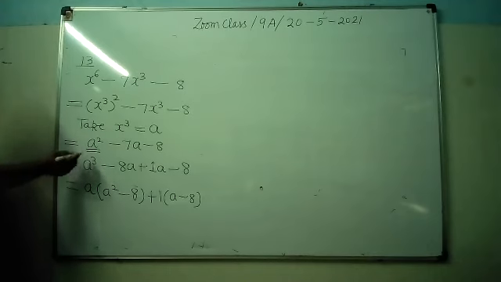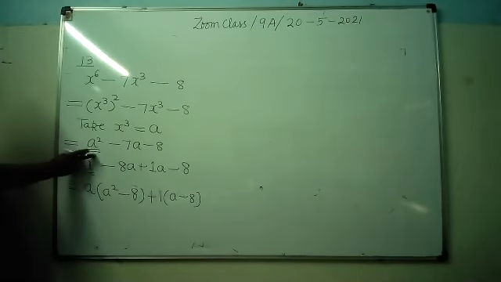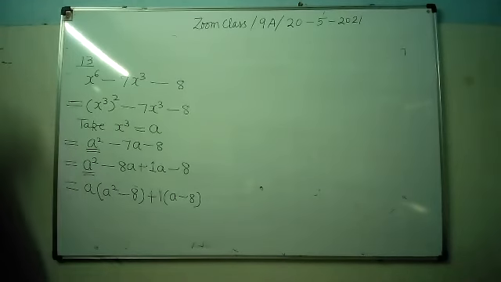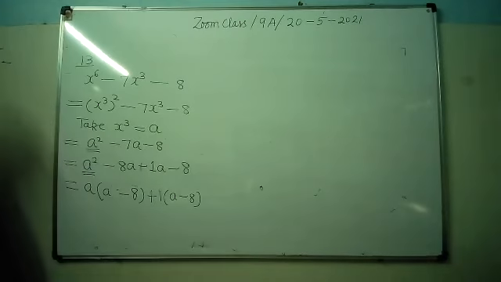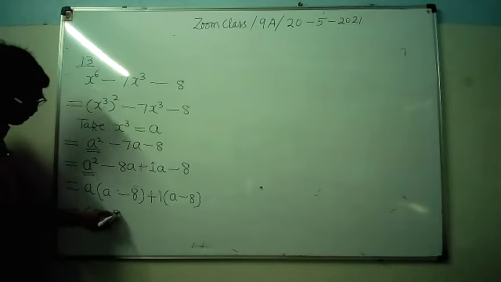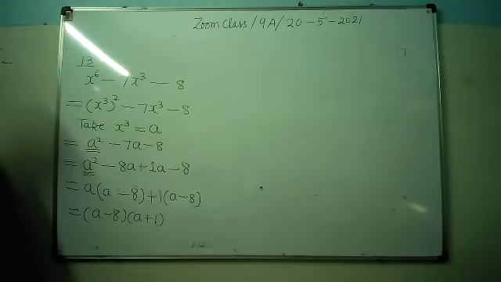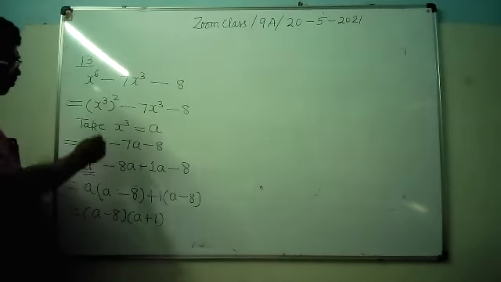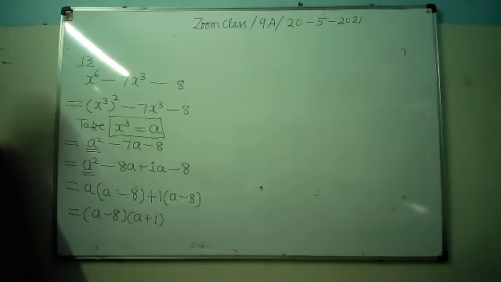You can see here, this is a square, and by mistake I have written it as a cube. It's clear? This is actually square. So when you take out a common, what will you get? A minus 8. Now it is clear? Now a minus 8 is common from both. A plus 1. Now you substitute this because a equals x cube.